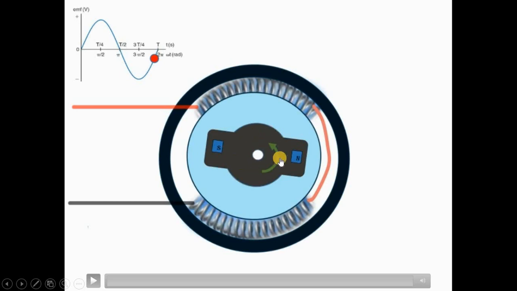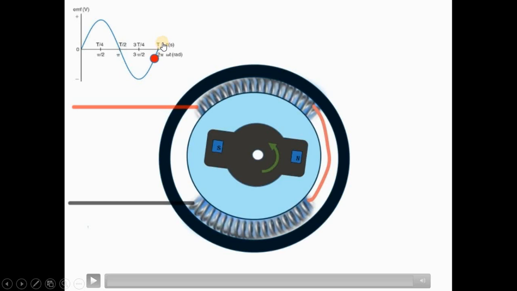So the actual rotation of the rotor is denoted as mechanical angle, and the angle denoted in this waveform is called electrical angle. Mechanical angle is denoted as theta m, electrical angle as theta e. When the rotor has two poles, when it completes 360 degree rotation, the waveform generated is 360 degree.